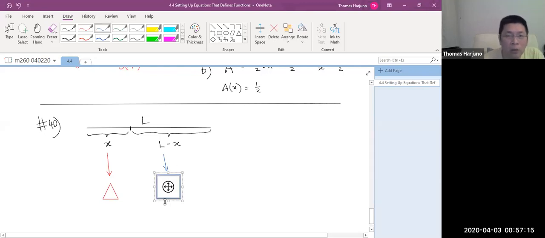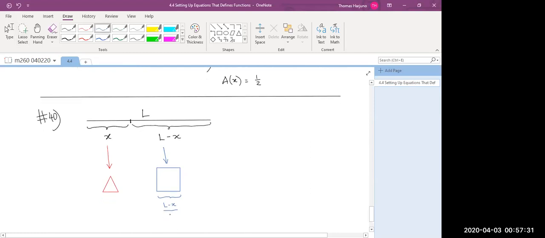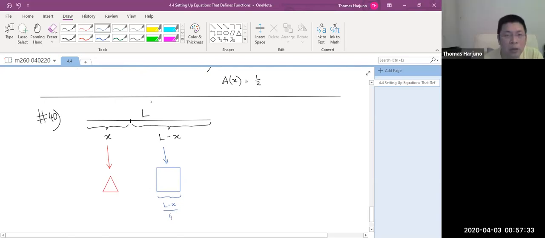Now, I think we can find the side of this square easily. This is L minus x over 4, I believe, because that L minus x is the perimeter of this square, right?